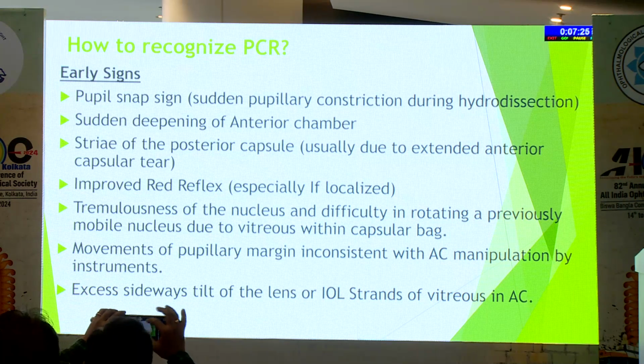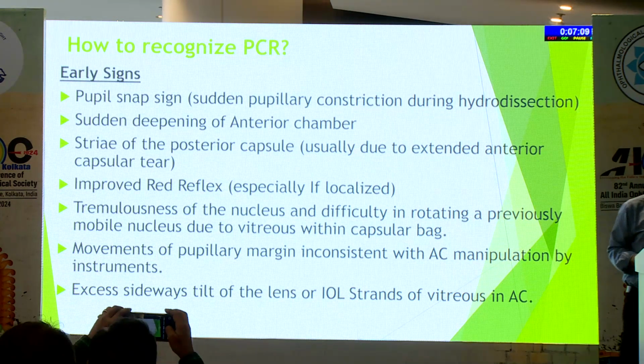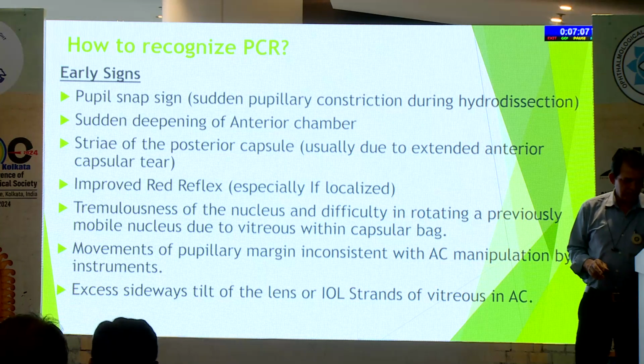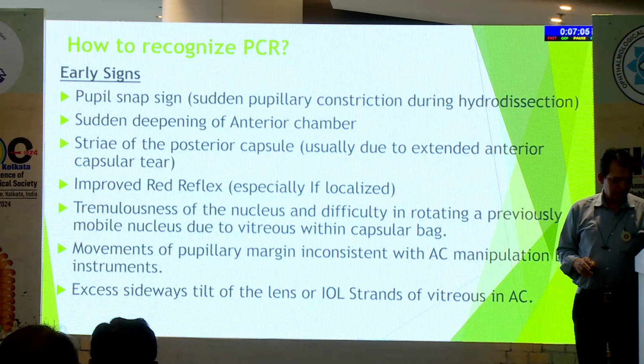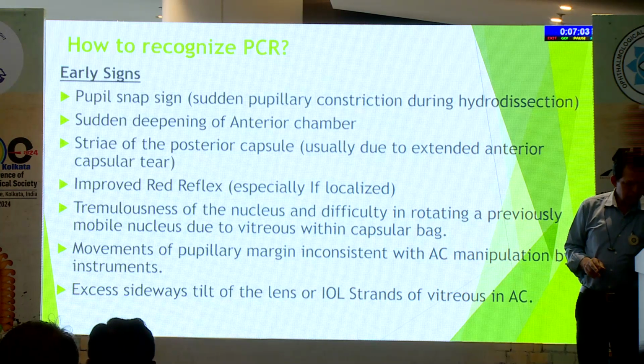Maybe a sudden deepening of the anterior chamber. You feel difficulty in rotating your nucleus due to the rupture. Sometimes vitreous comes in from the back, so you're not able to rotate it properly. You may feel tilting of the nucleus. These are the early signs. If you recognize them, you can manage it very nicely and easily without creating further complications.